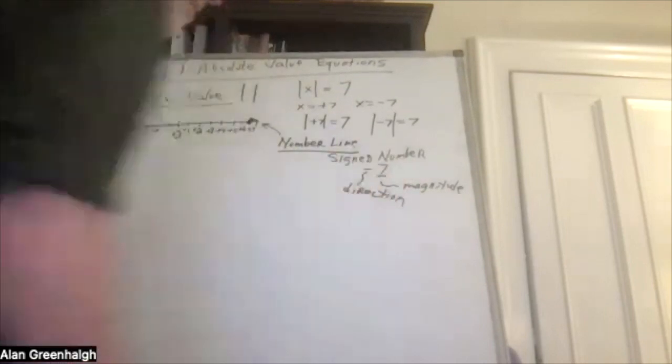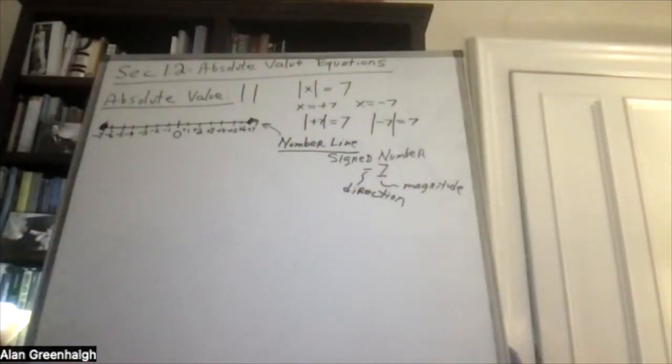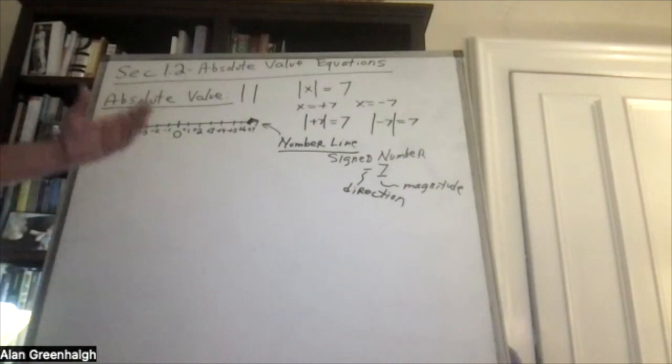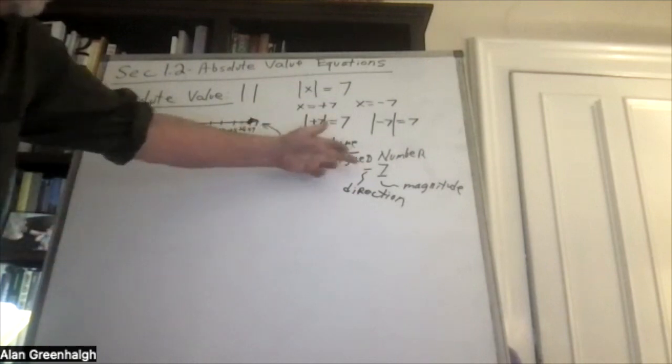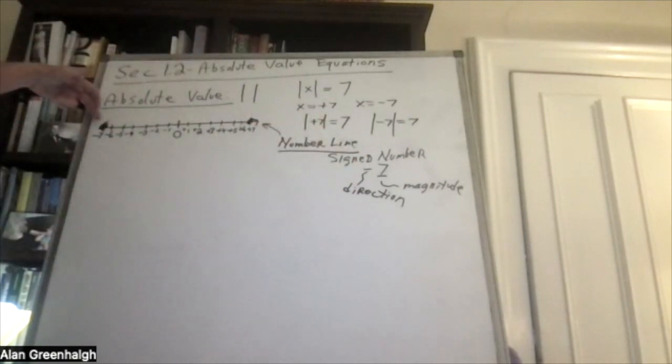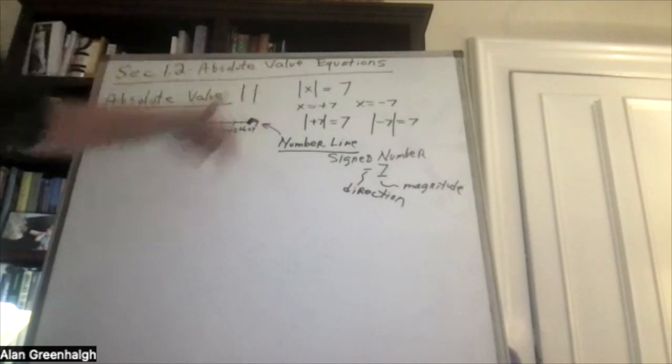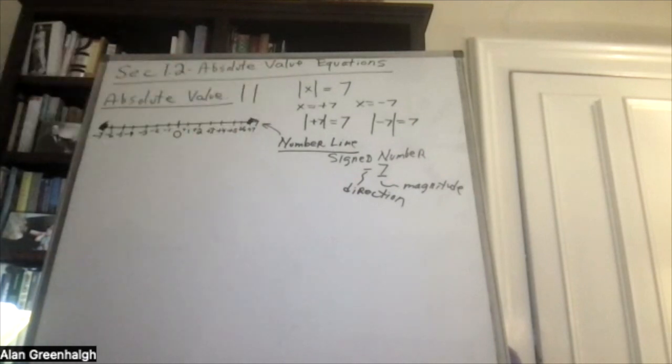The reason signed numbers were created is that then we could not only talk about just numbers, but we could talk about what direction. If it's negative, it's going to be in this direction. If it's positive, it's in that direction.